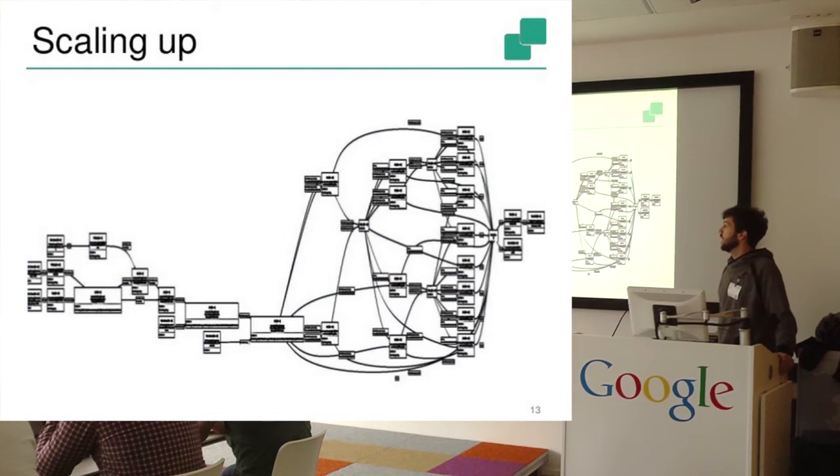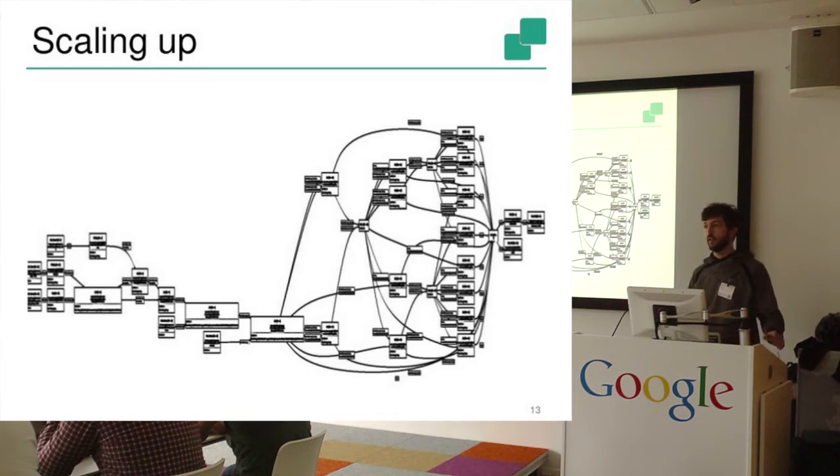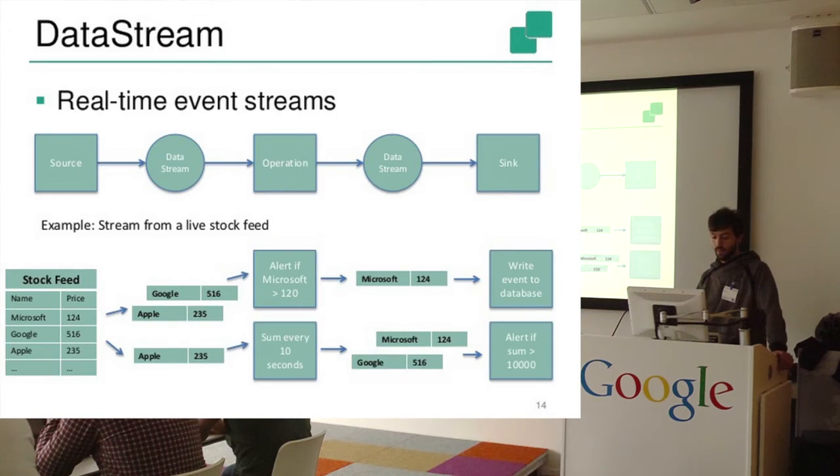And of course, you can also construct much more complicated data flow programs, which consist of multiple sources and sinks, and execute all kinds of different operations and join data sets. We'll see later on how that looks.